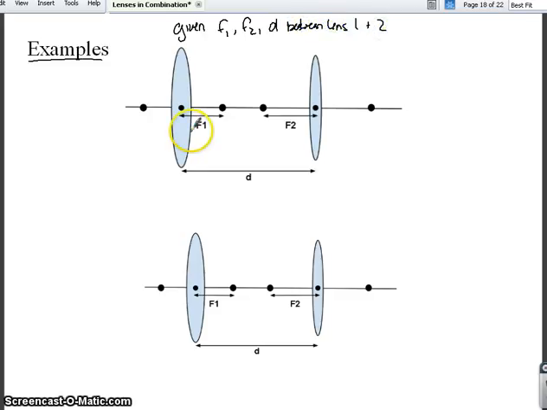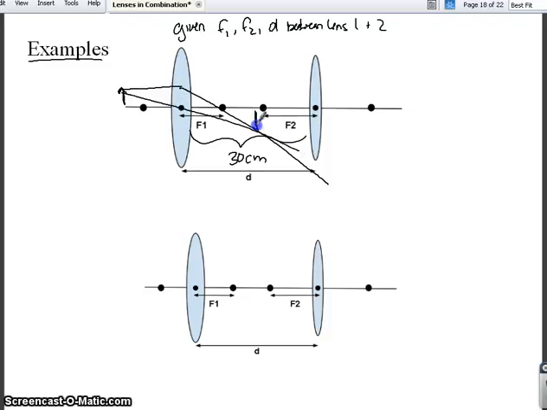Let's say this distance here is, I don't know, 30 centimeters. So you'd be given that distance. Let's say, for example, in this one, we have an object here. Based off our ray diagram, we are going to be producing an image here.